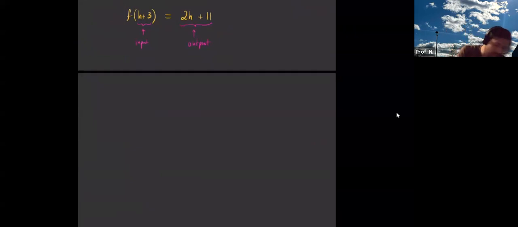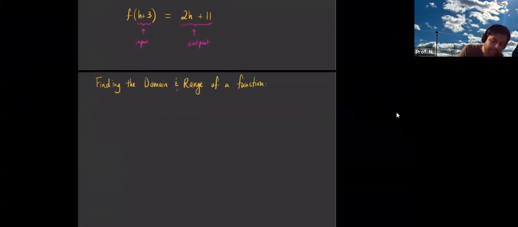We talked about domain and range, and we talked about how a function can be expressed as a set of ordered pairs. So finding the domain and range of a function, that's one thing we're definitely going to be interested in. How do you find the domain and range of a function?